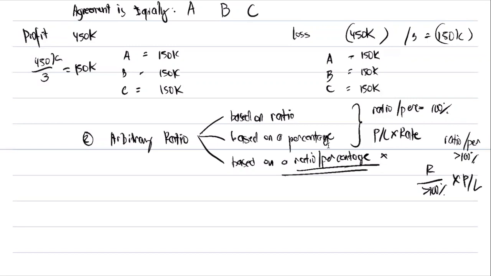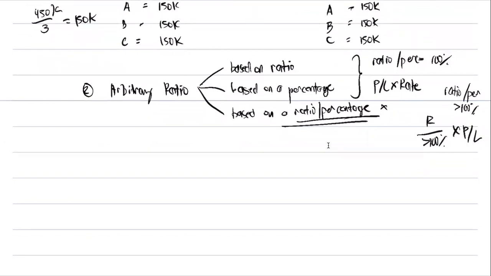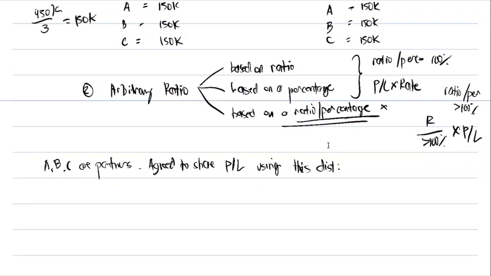Okay, let's have an example on your arbitrary ratio or arbitrary agreement. So let's say A, B, and C are partners, agreed to share profit or loss using this distribution: 4 is to 3 is to 3.